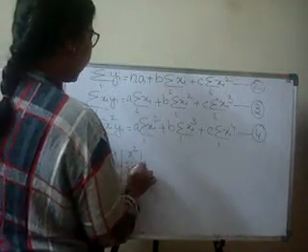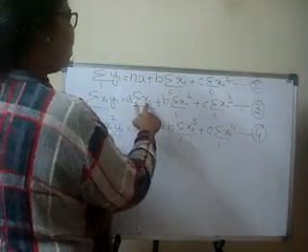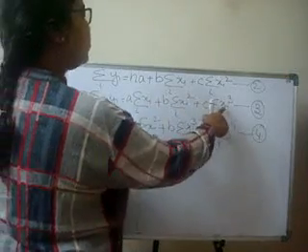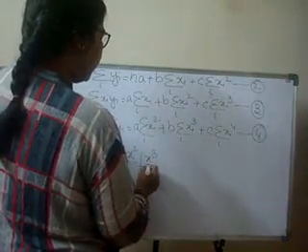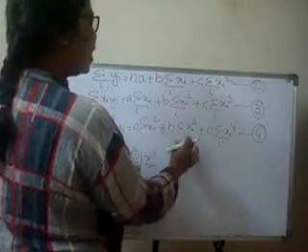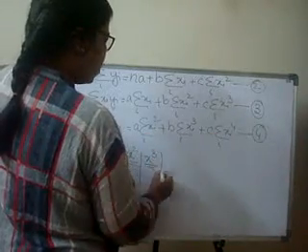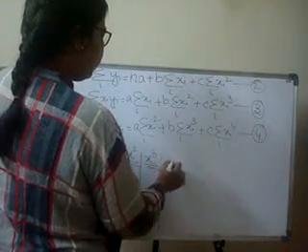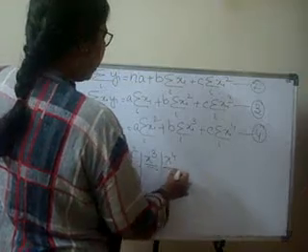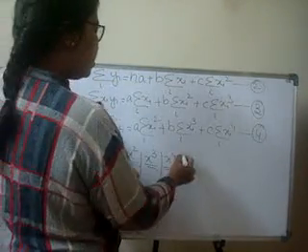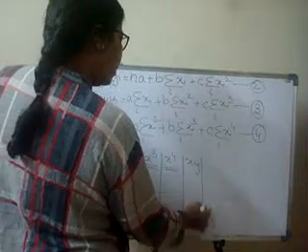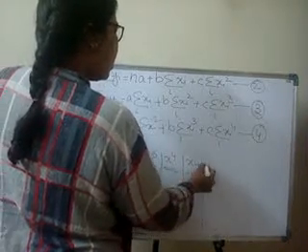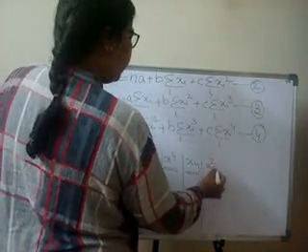Now look at the second normal equation: xi we have, xi square we have, we require xi cube. For the third, square we have, cube we have, x to the power of 4. Then whatever is left over, x into y, then x square into y.